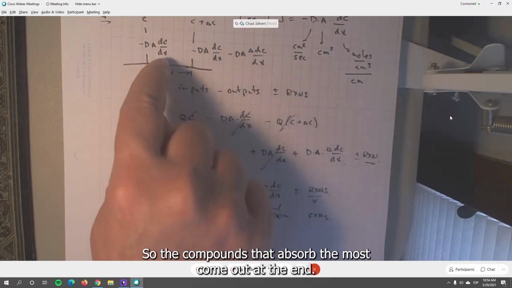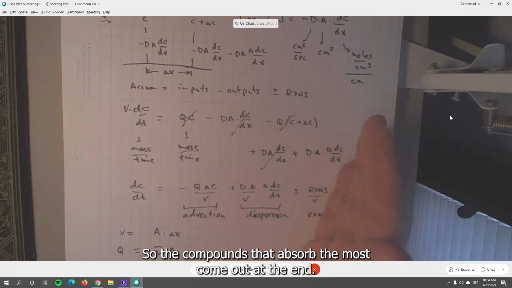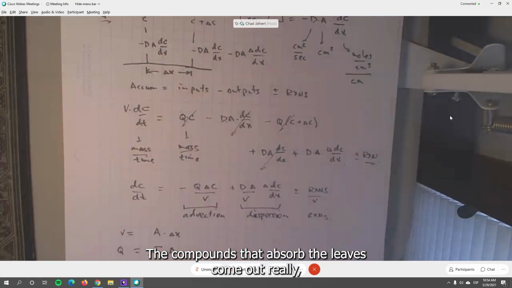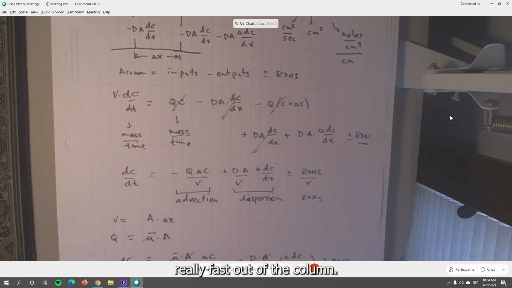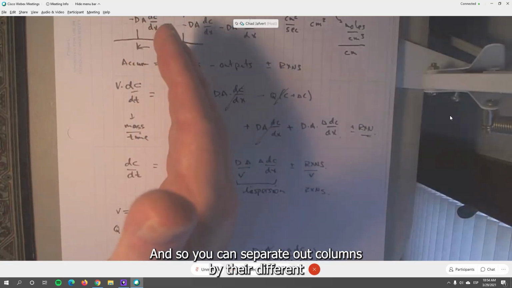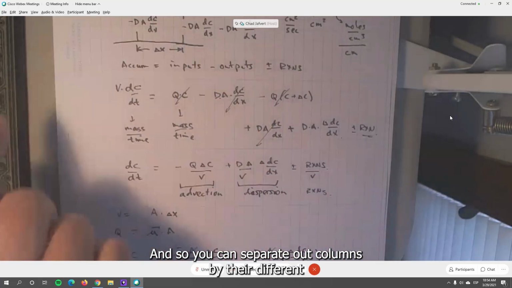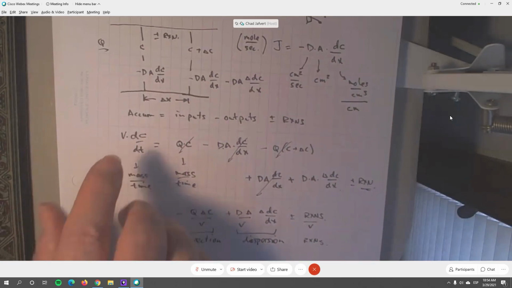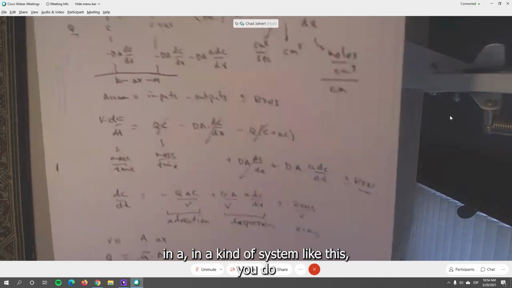So the compounds that absorb the most come out at the end. The compounds that absorb the least come out really, really fast out of the column. And so you can separate out columns by their different affinities for adsorption in a kind of system like this.